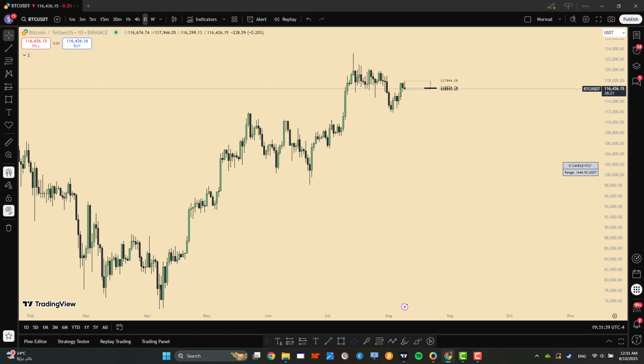There's going to be institutions defending their orders. Maybe they took a long, price forms a low later on and then revisits that low. Big players are going to defend that position at that major low. You're going to see it all on the chart later on.